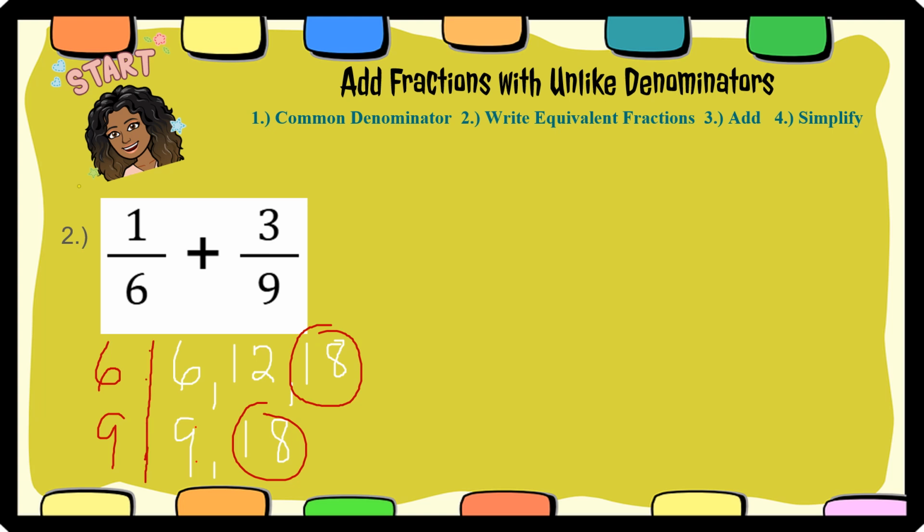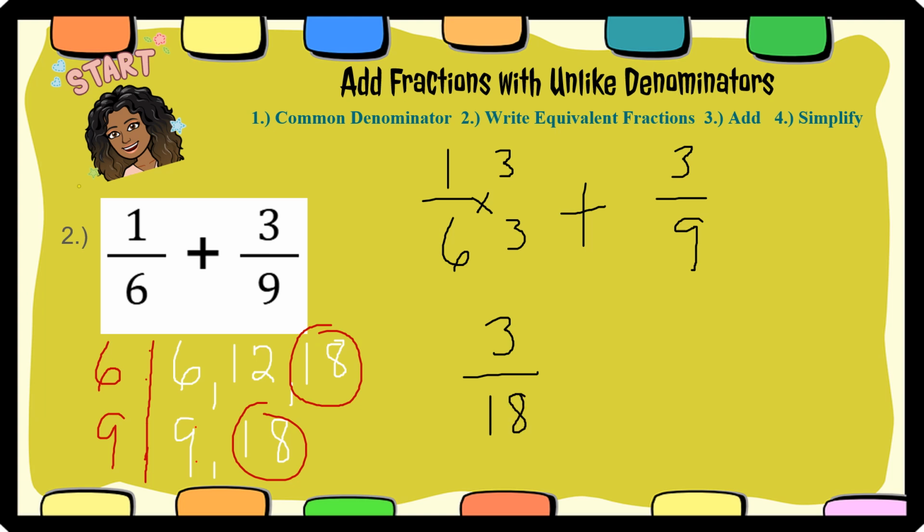So now I'm going to go off to the side and write 1/6 plus 3/9. The only number that I can multiply 6 by to get 18 is 3. And remember, whatever I do to the denominator, I must do to the numerator. 1 times 3 is 3, and 6 times 3 is 18.